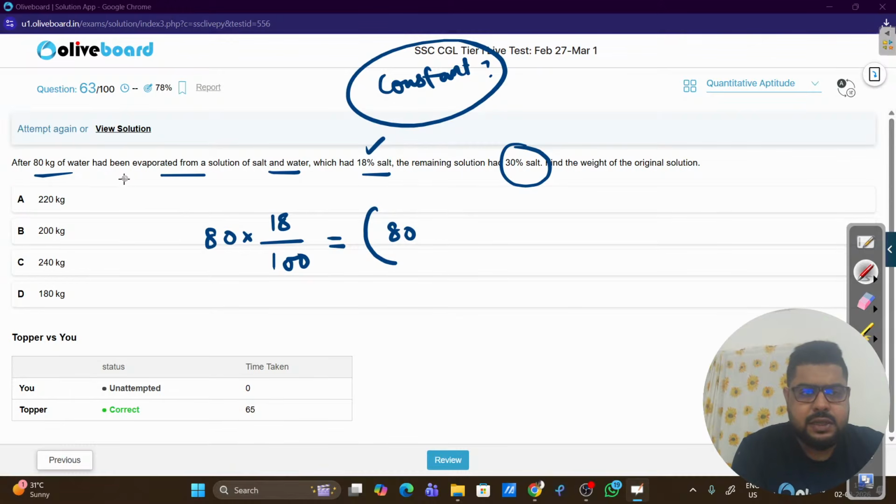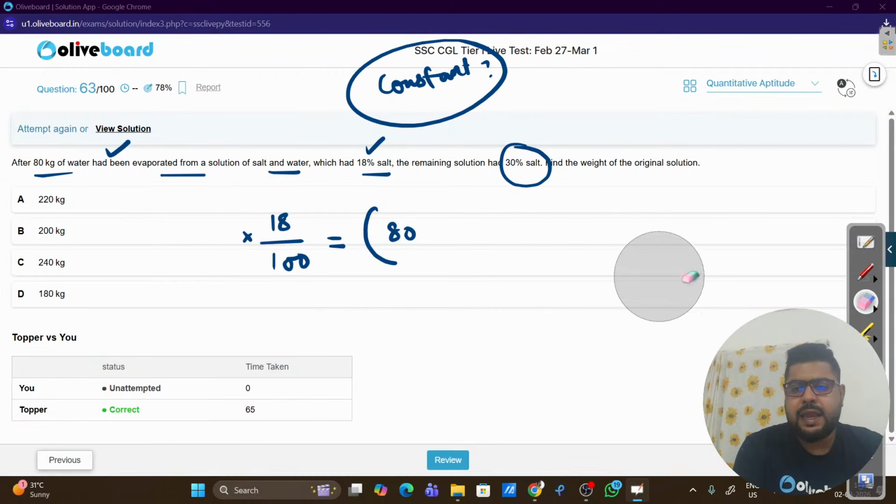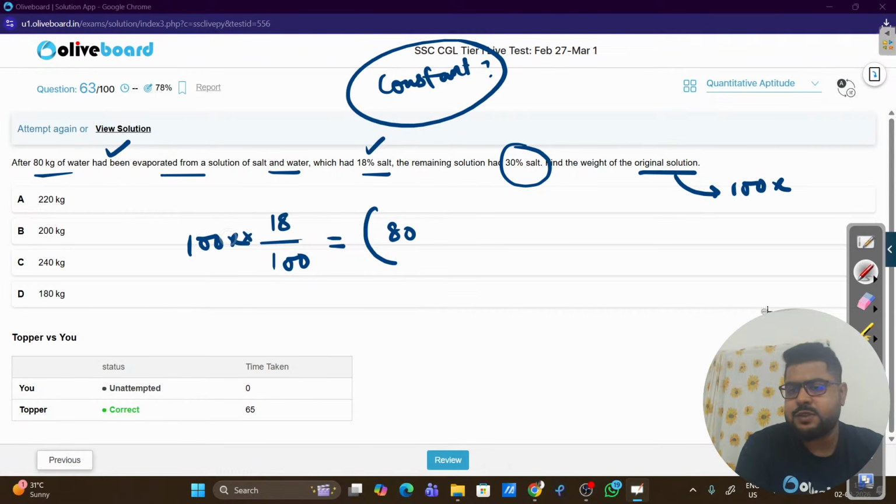80 kg of the water has been evaporated. Original solution, let's take 100x kg. Now 80 kg of water has been evaporated, so now the solution is 100x minus 80 kg. This has 30% salt.